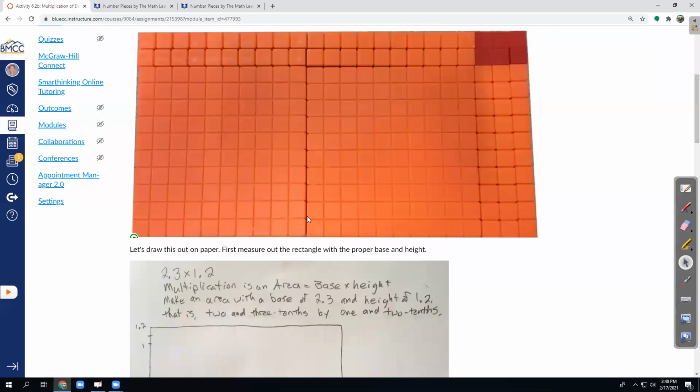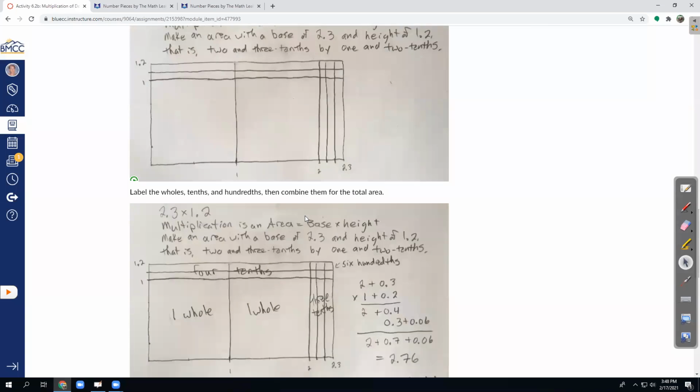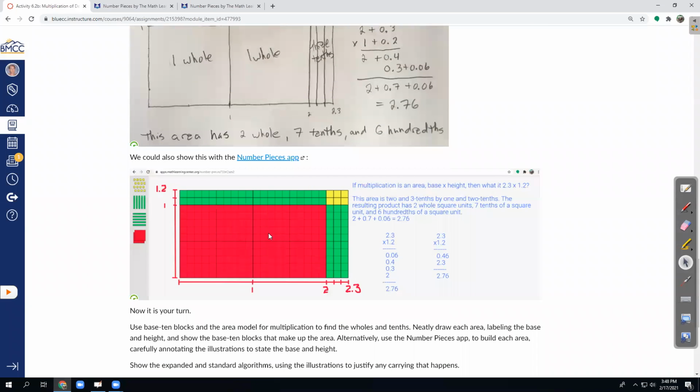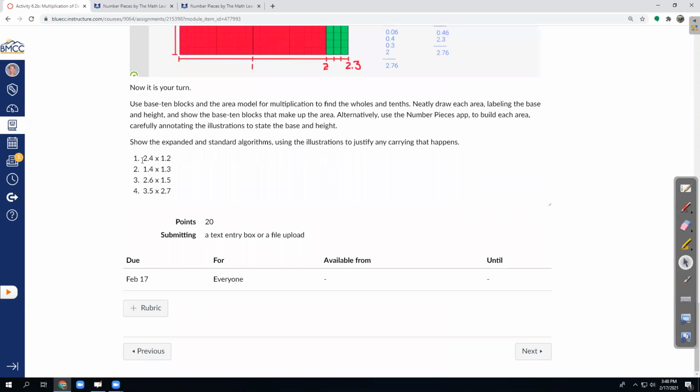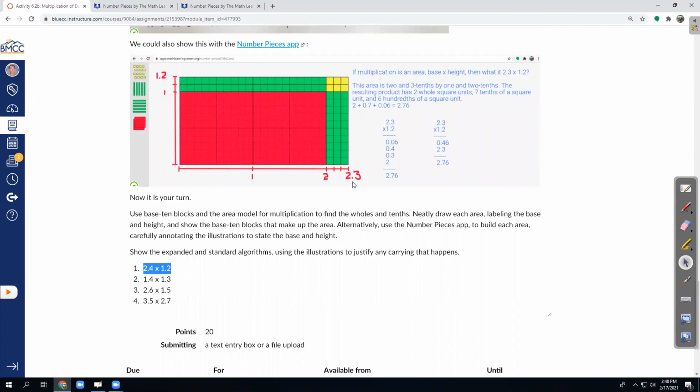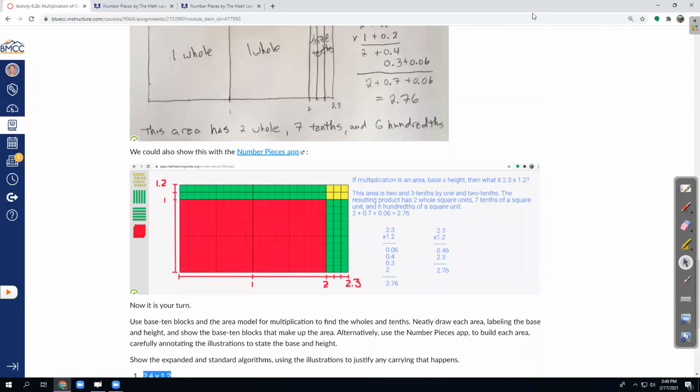And so one of you in the group is going to take control of the app, trying to do something like this, but for the first problem here, 2.4 times 1.2. Because I just want you guys to get together and agree about the sequence of events that happens in order to turn the area model into an answer. How do the numbers 2 and 4/10 and 1 and 2/10 turn into an answer using base 10 blocks? So just kind of repeating what I did here. And then we'll just look at the multiplication.